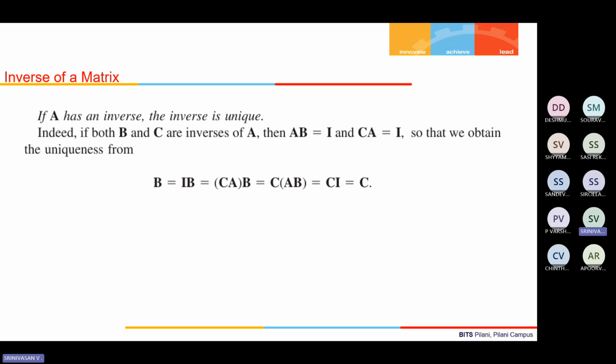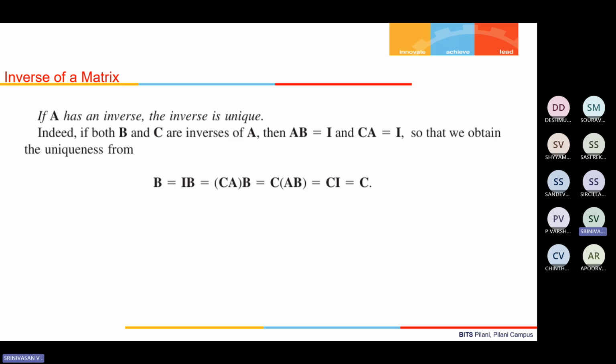Since we have taken B to be an inverse of A, we know AB equal to I. Since C is also contemplated to be an inverse of A, CA equal to I. But we are trying to prove that they are not different, but one and the same. How? Just see.